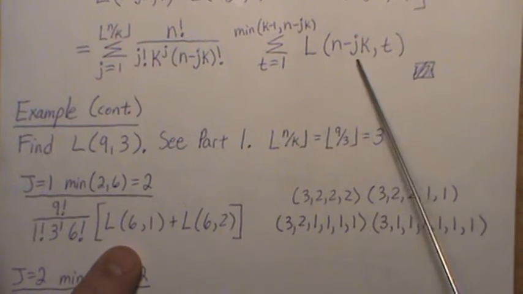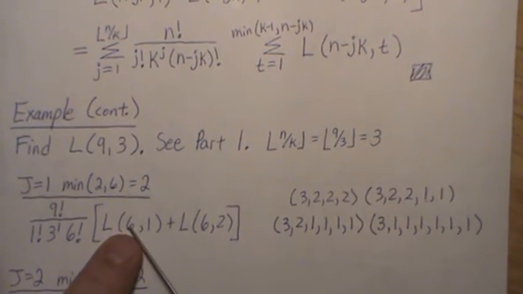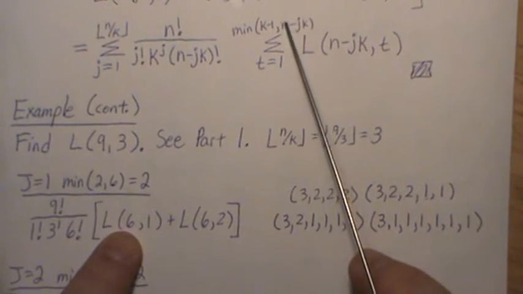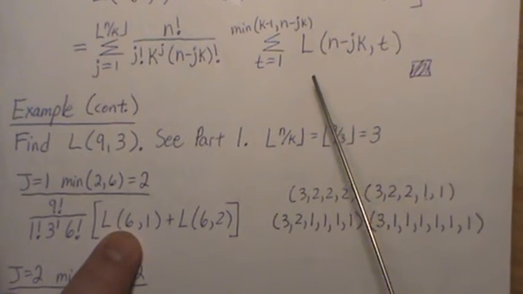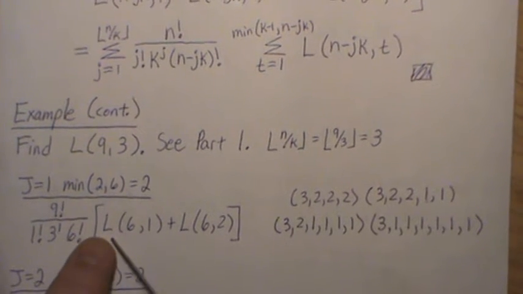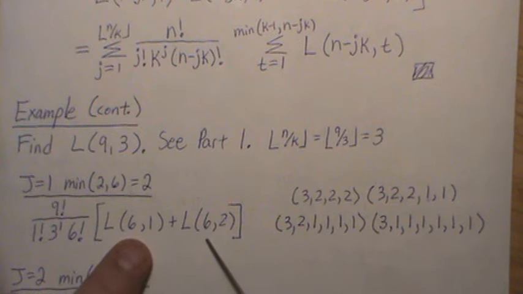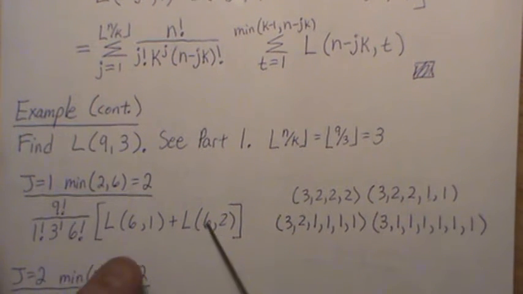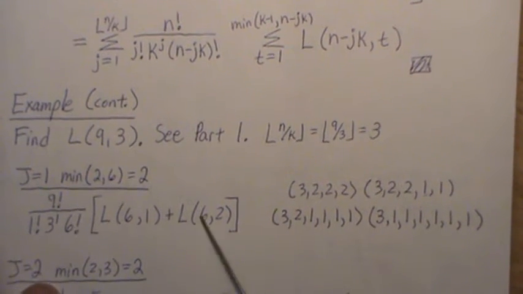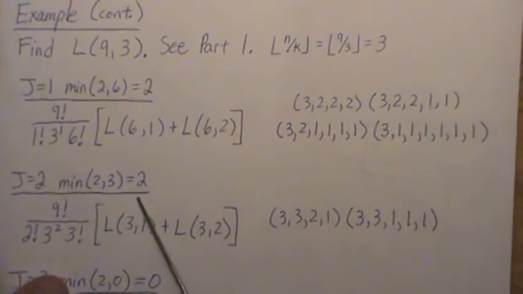We reduce it to n minus JK, so that's 6. And then we go from 1 to the minimum, which is 2. So L61 plus L62. When we calculate these, we add these, multiply it all together, and that's that iteration.